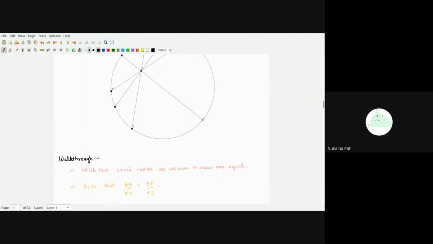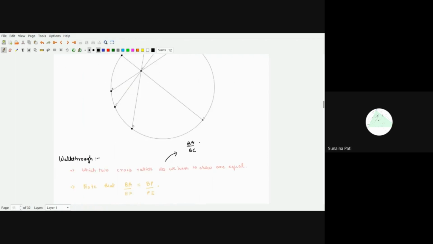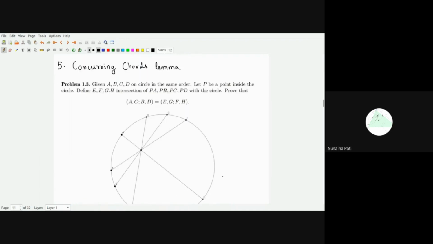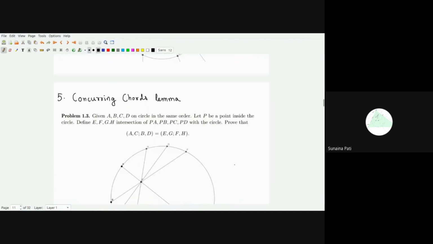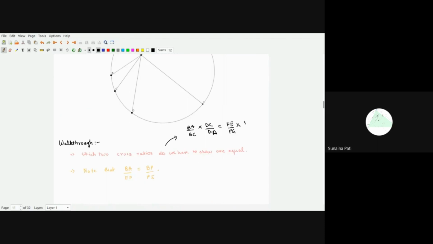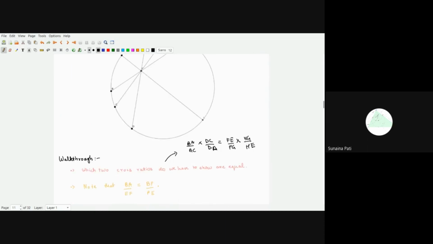Anyways, the cross ratios you have to show equal are basically: you have to show BA by BC into DC by DA is equal to FE by FG into HG by HE.